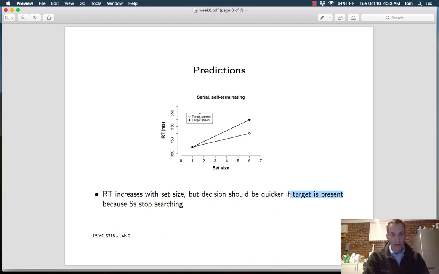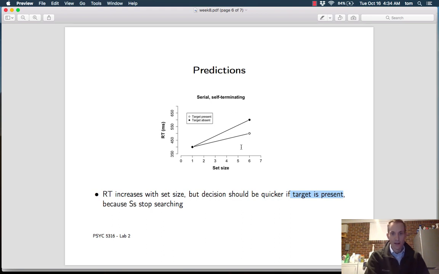So if the target is present, which is the open dot in this picture, then this slope, the RT per increment in set size, should be less, right? It should take less RT if the target is present than if the target were absent.